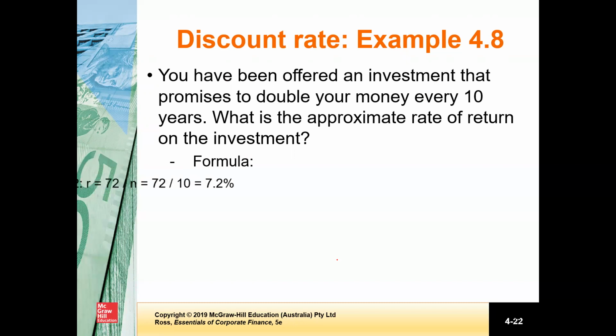So in this case, we use a rule which we call Rule 72, okay, where the rate of return is calculated as 72 divided by n when the investment is supposed to be doubled in a certain year. So you can see 72 divided by 10. 10 is the number of years by which the investment is supposed to be doubled. And if we solve for R, we find that it's 7.2%, which means that an investment will be doubled in 10 years if it earns a return of 7.2%.